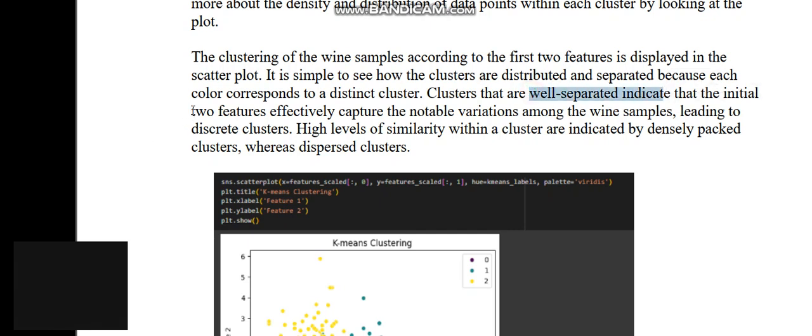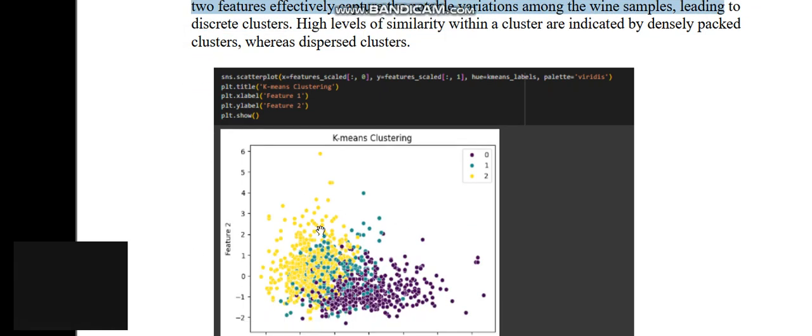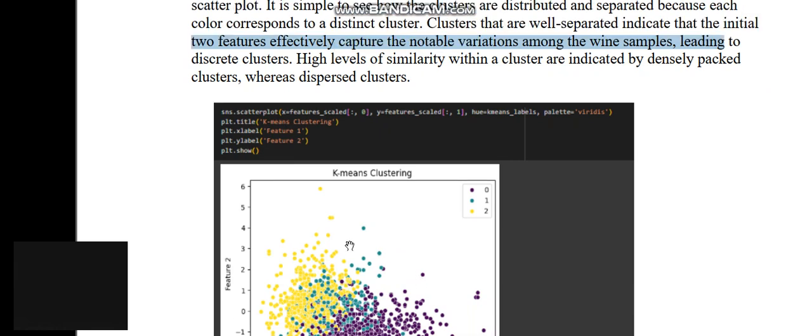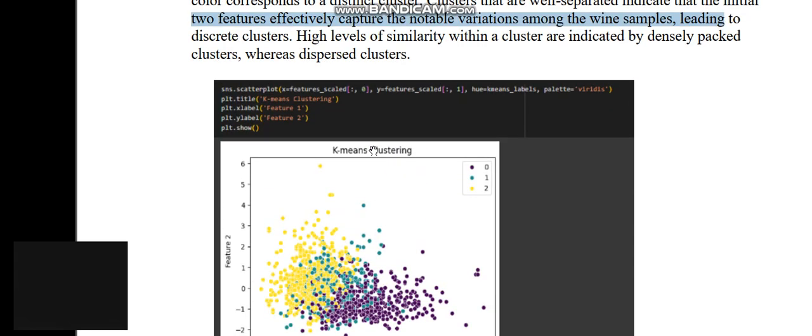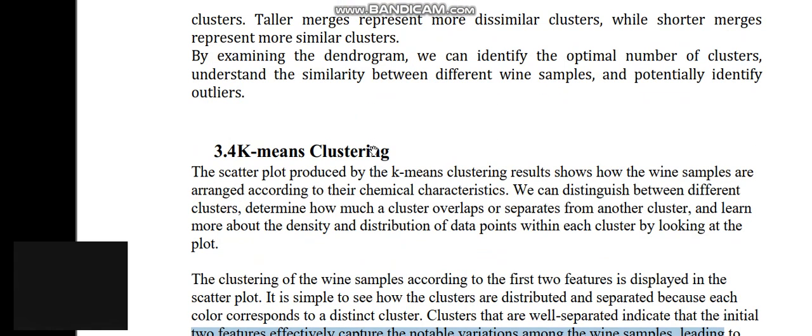The first two features effectively capture notable variation among the wine samples. It shows the distance between them, so the similarity within a cluster is indicated by densely packed clusters, whereas dispersed clusters indicate less similarity. That's all we have got.